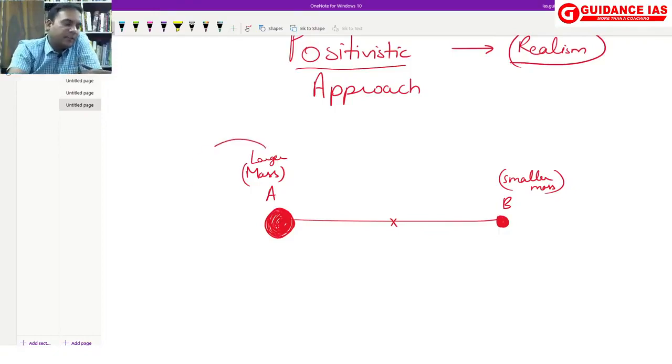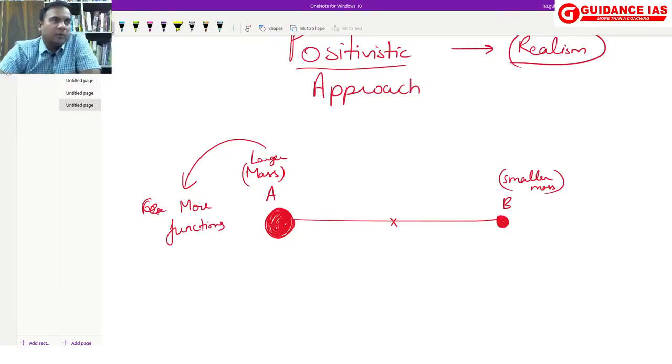And larger mass can be explained by a number of things. For example, I can explain that in A more functions are present.